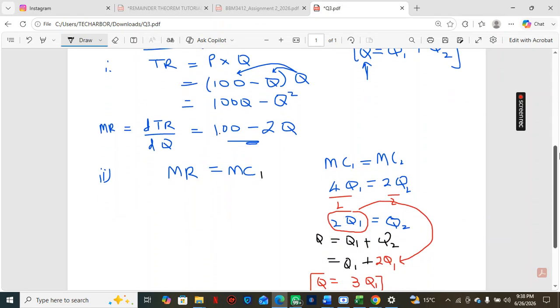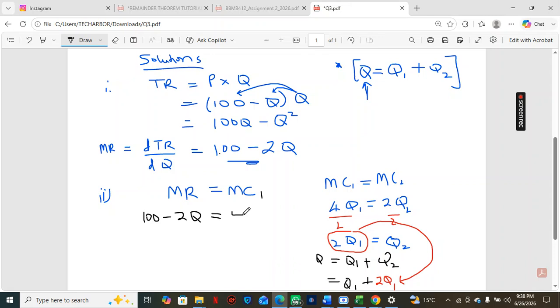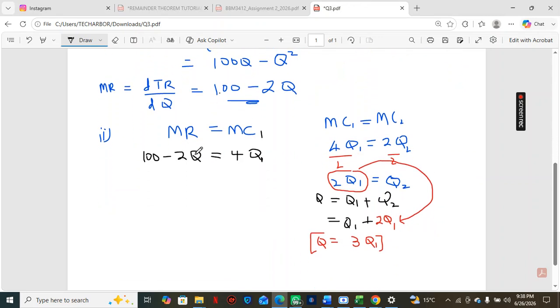All right. So our marginal revenue is 100 minus 2Q equals MC1, which is equal to 4Q1. So this Q here, we're going to replace it.